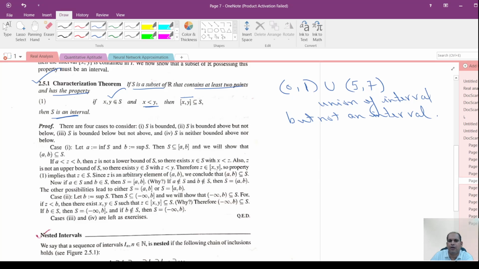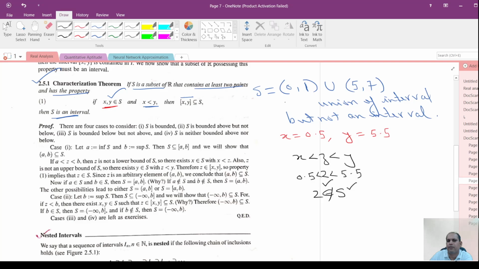Why? Because if we are calling this set S, and if it is an interval, then as per definition, for every x, y, let me take x equal to say 0.5 and y equal to say 5.5, with x less than y, then every real number z lying in between, x less than z less than y, must be in S. If I choose z equal to say 2, 0.5 less than 2 less than 5.5, then one can see that 2 is not a member of the set S. That is, the whole ray has to be contained in the set S if it is an interval.